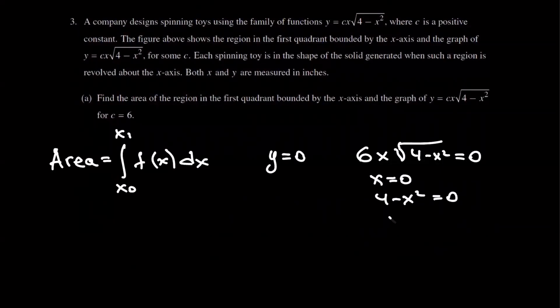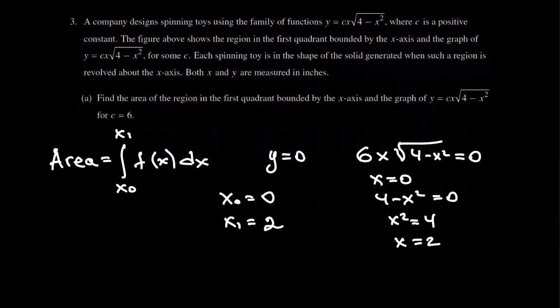Solving for x here, x squared equals 4, and x equals 2 because we only need the positive solution, since x1 is in the first quadrant. So the answers here are x0 equals 0 and x1 equals 2.